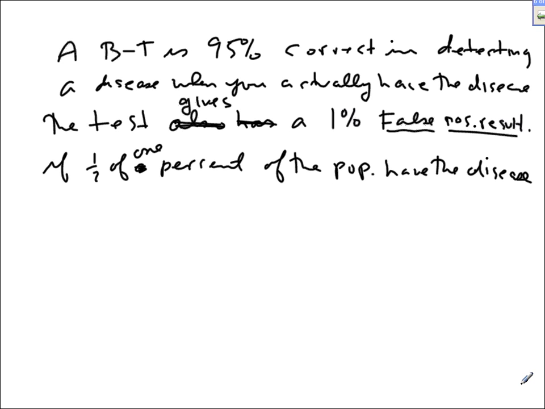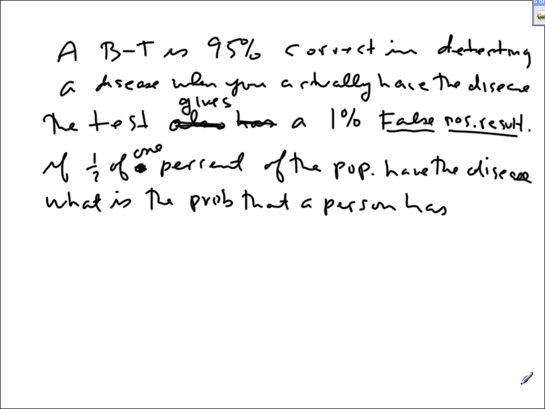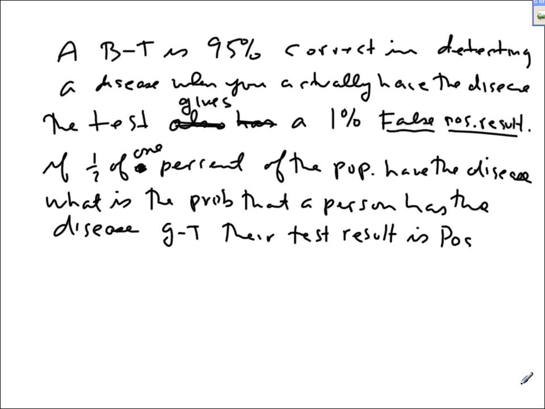What is the probability a person has the disease given that the test result is positive? What is the probability that a person has the disease given that their blood test result is positive?